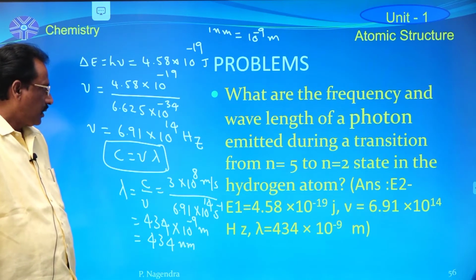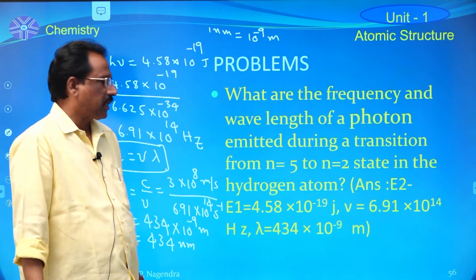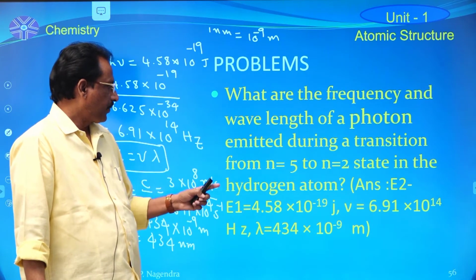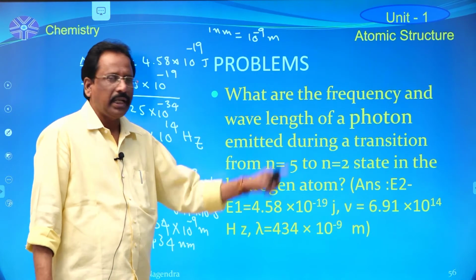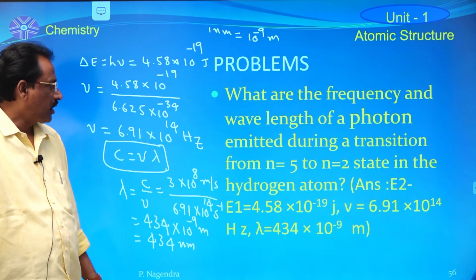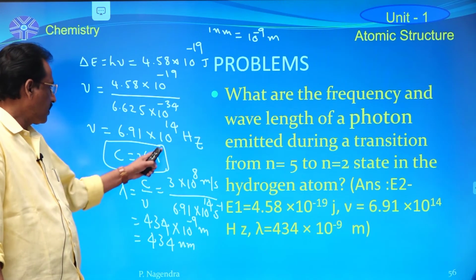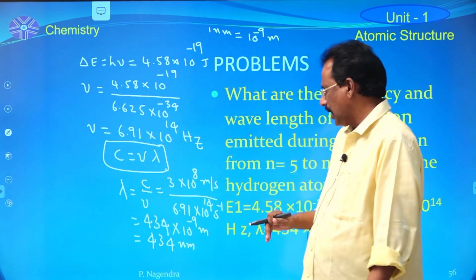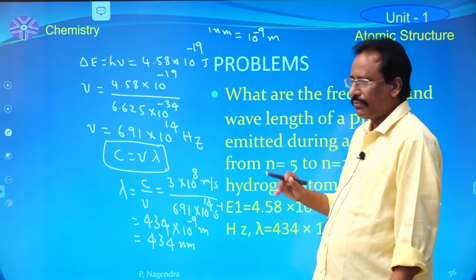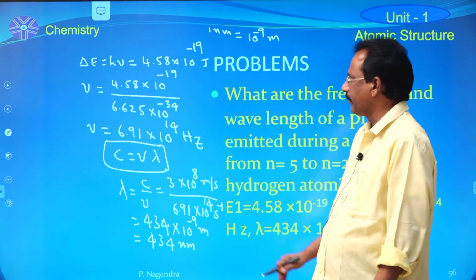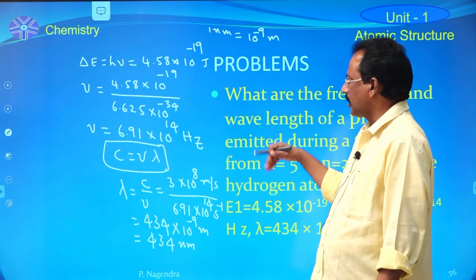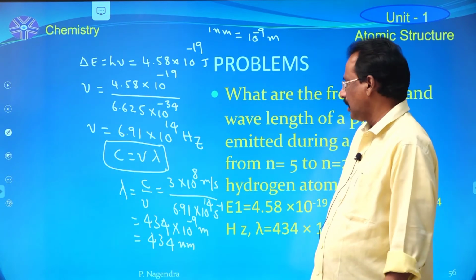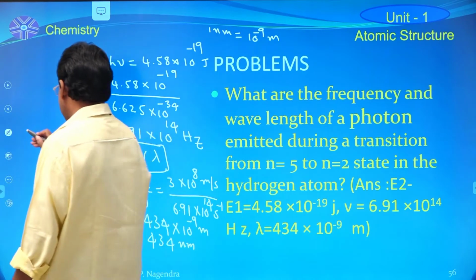So, the final result is, when the electron jumps from fifth energy level to second energy level, for that spectral line, frequency is equal to this much, 6.91 into 10 power 14 hertz. Wavelength is equal to 434 nanometers. This is visible range, and it is possible to calculate the change in energy also by using Bohr's theory of hydrogen atom.